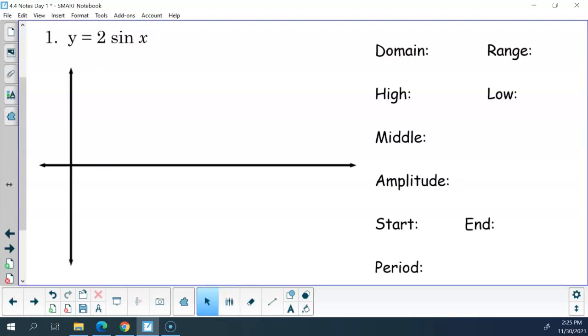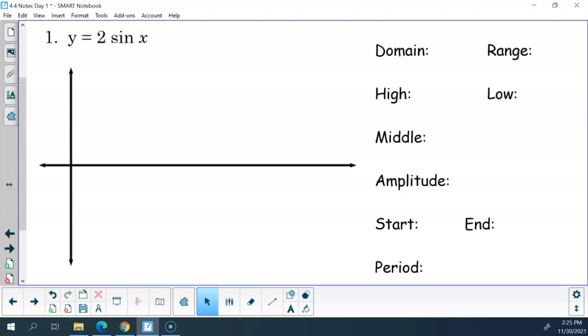But later on, even later on this week, you're just going to draw your graph first, then you're going to... So first off, we got to look at some things. The first thing that we got to look at is we're dealing with a sine function.